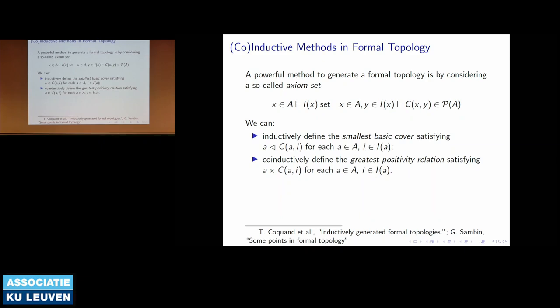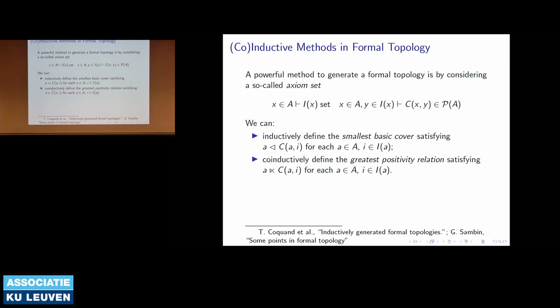So it is just, for each basic open, we want a set of indices, and for each one of those indices, we want a family of basic opens. And then we go on by inductively defining the smallest basic cover satisfying those axioms, and dually co-inductively the greatest positivity relation satisfying those. Okay.